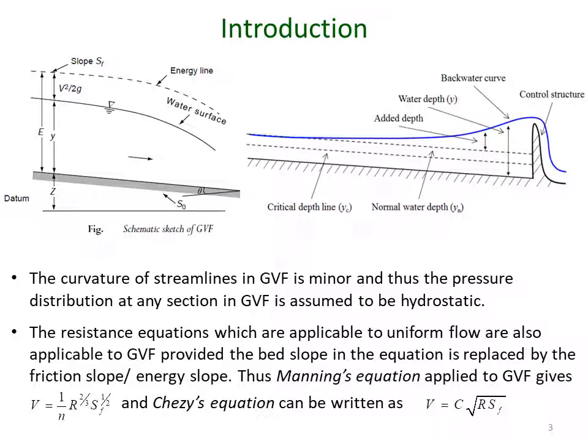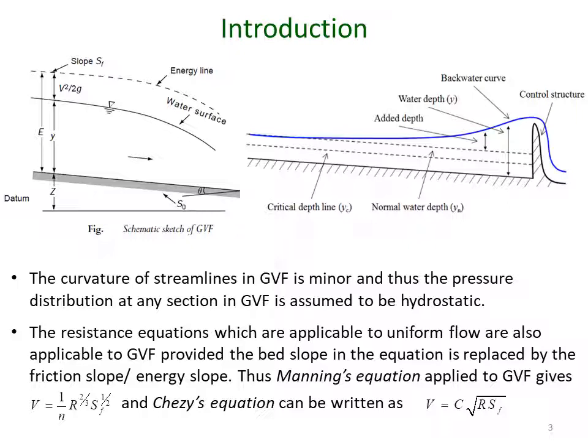We know that when there is significant curvature in the streamlines in a flow in the normal direction, that gives rise to an acceleration in that direction, and the pressure distribution deviates from being hydrostatic.